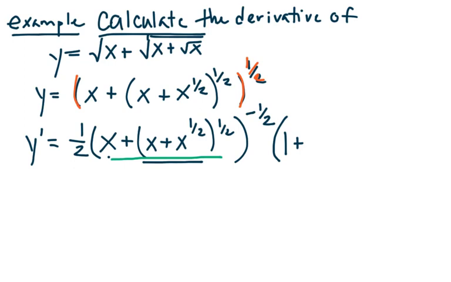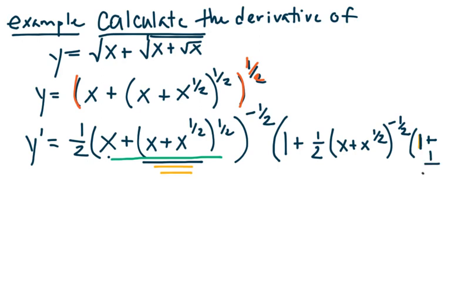So we again apply the chain rule, bring the 1/2 down, and we've got x plus x to the 1/2, all to the negative 1/2 power, times the derivative of this interior function, which I'm underlining in yellow, which is 1 plus the derivative of x to the 1/2, which is 1 over x to the 1/2.